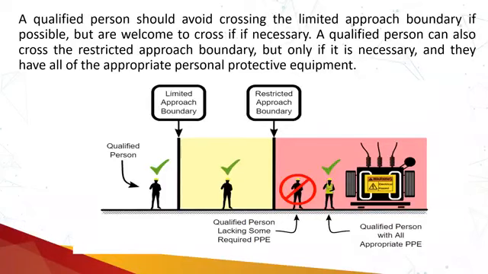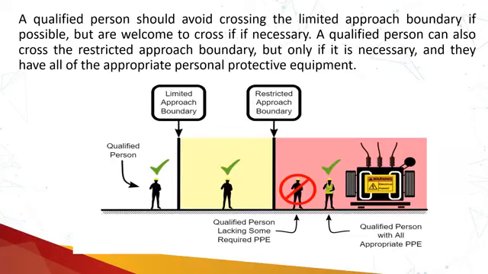So in the exam, when they ask about the restricted approach boundary, you have to keep your focus that the restricted approach boundary is for qualified persons only. No unqualified person can enter this boundary in any case or under any situation. And a qualified person can be within this restricted approach boundary only when wearing appropriate personal protective equipment rated for that particular voltage level.